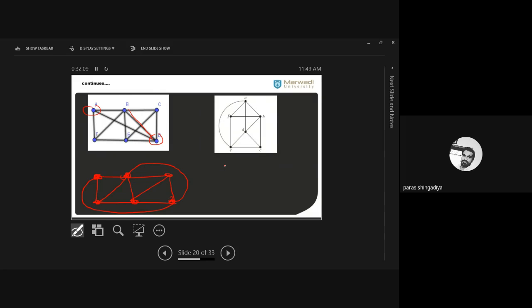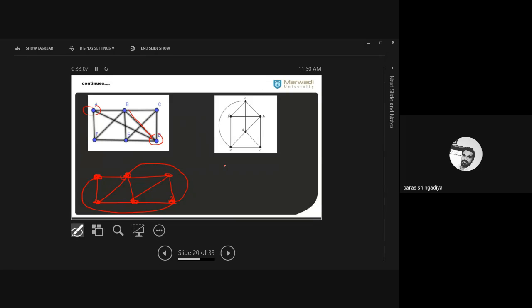Now try this one. Okay, what is the answer?